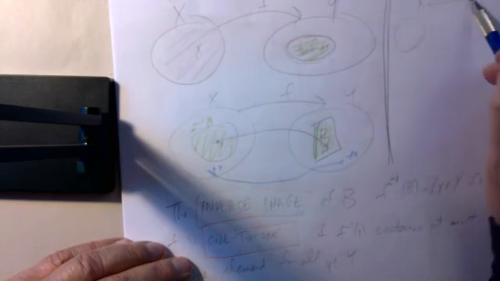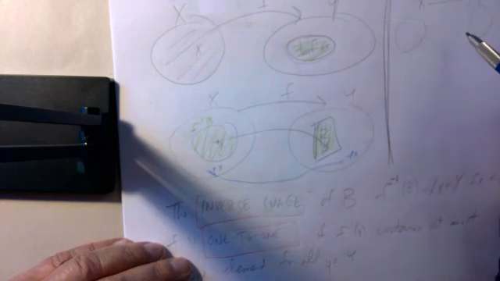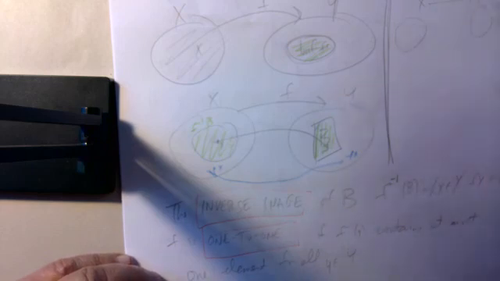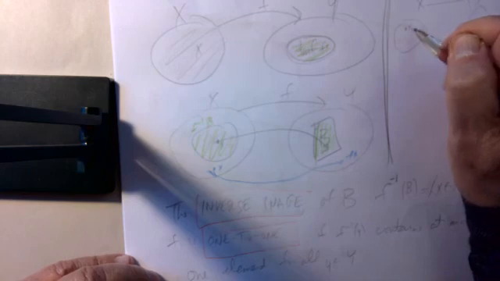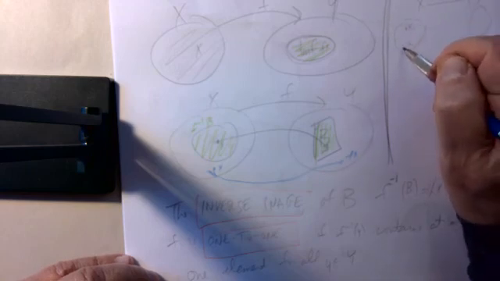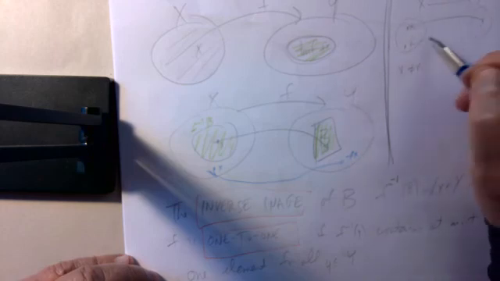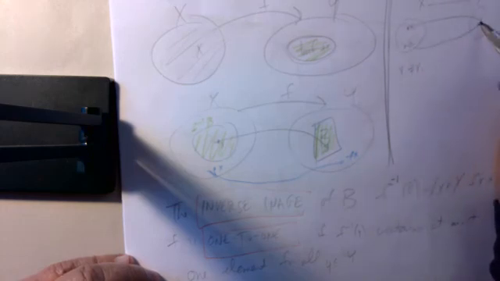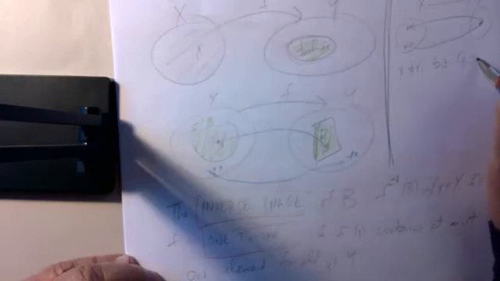I have X and Y sets and a function between them. The easiest thing is to say what it means if a function is not one-to-one. If it's not one-to-one, you have elements x1 and x2 that are different, but they get mapped to the same element over in the set Y. f(x1) equals f(x2).